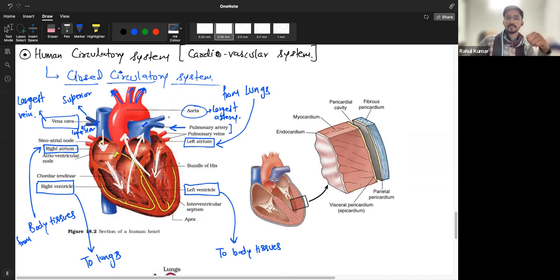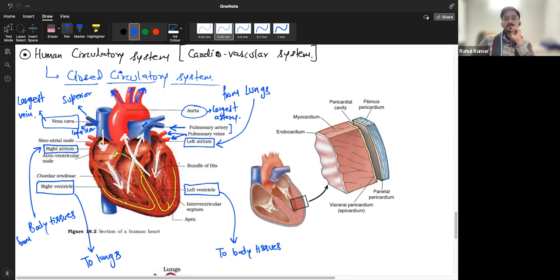So from the lungs, it will come back through pulmonary veins. These two here are pulmonary veins. Why are there two? Because there are two lungs. Here also it's two. It bifurcates, one goes into one lung, one goes into the other, then again it bifurcates. So pulmonary veins are the only veins in the body that carry oxygenated blood.